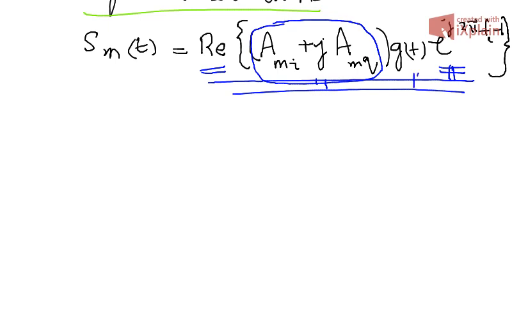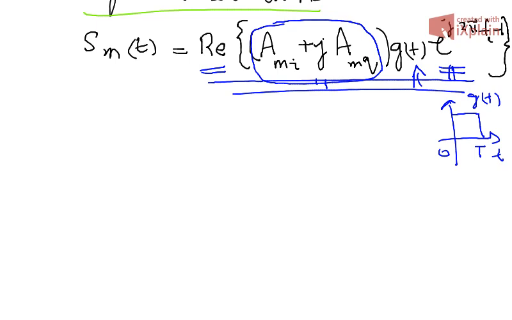G of t, we know that our G of t is real, and most of the time your G of t is either a gate pulse, a square pulse, or a raised cosine pulse. So whatever it is, we can say that it's a real signal. We are familiar with our G of t from our previous knowledge.